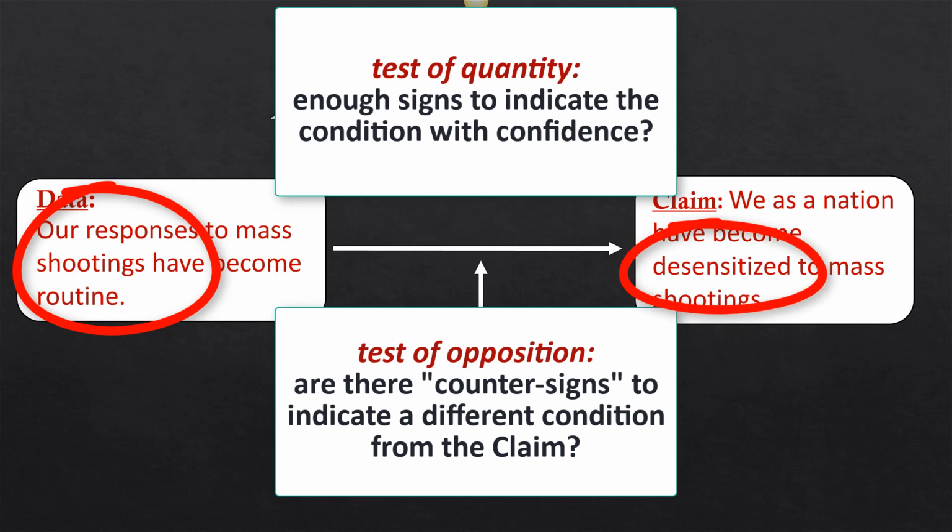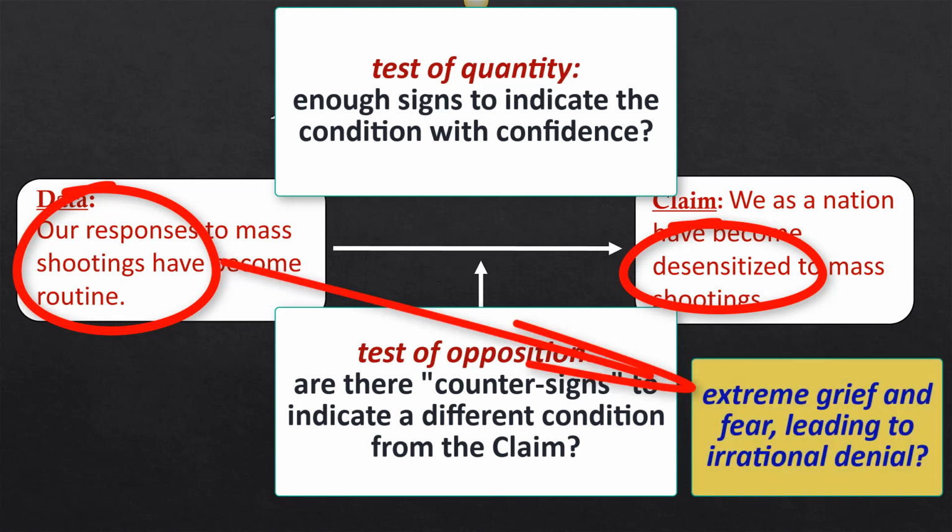Well, it could, but engaging in a thought experiment, could it provide a symptom or a clue of some other kind of condition? For instance, a horrific level of intense, extreme grief. If we're so emotionally wrecked that the only way we can cope is by engaging in routine patterned behavior, just going through the motions, that would explain the kind of behavior President Obama is talking about as well.